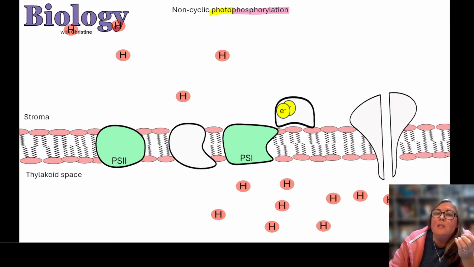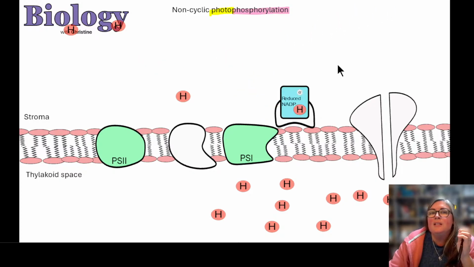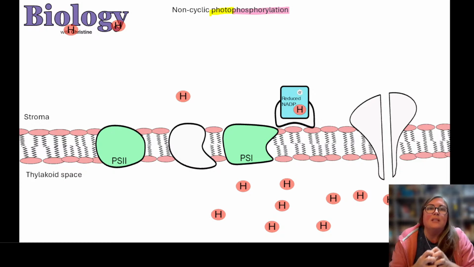However, what you do need to understand is this is where my NADP is going to come in and become reduced. When my NADP, my coenzyme, comes to the last part here, it becomes an electron acceptor. So the NADP has accepted the electrons and also the hydrogen ions.